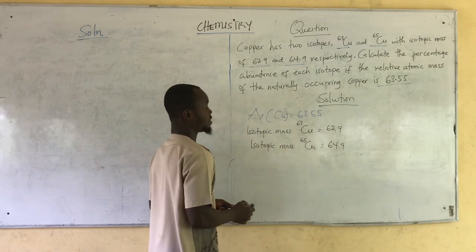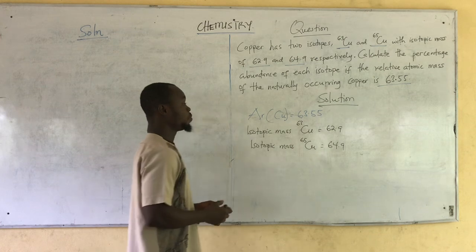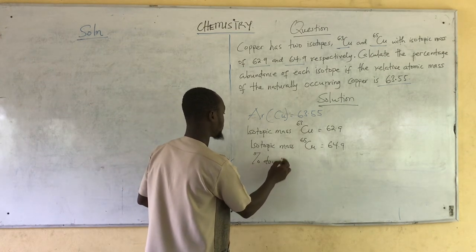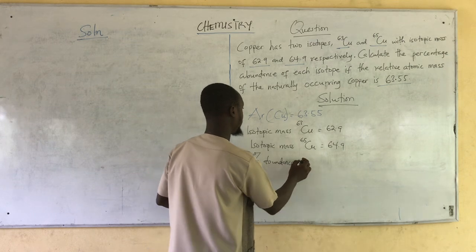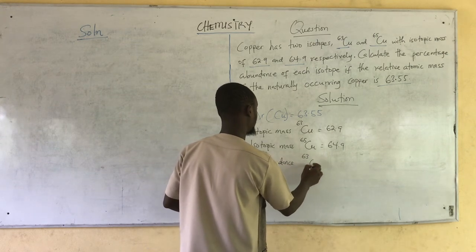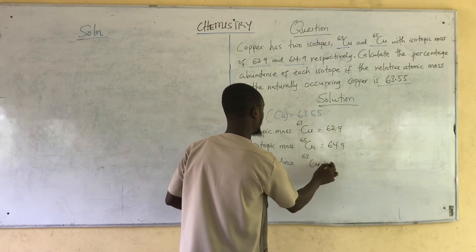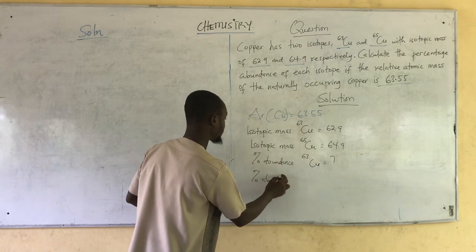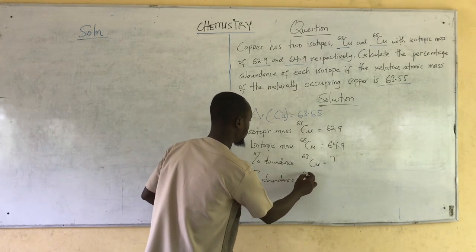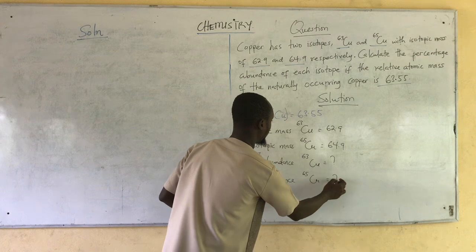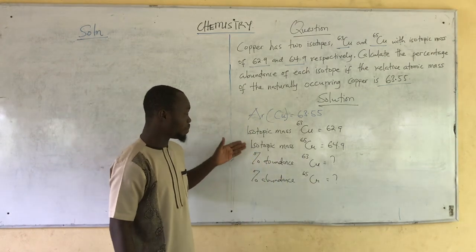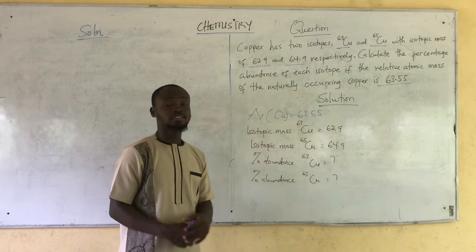Is that okay? But we weren't given the percentage abundance for copper 63. We don't know. And also the percentage abundance for copper 65, we don't know as well. And in the question, we have to determine the percentage abundance of each of these isotopes.